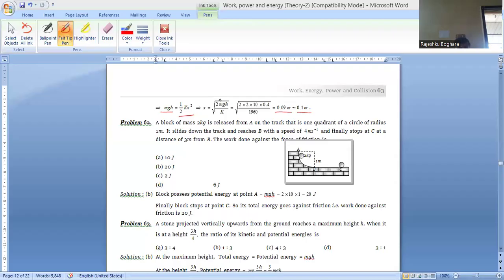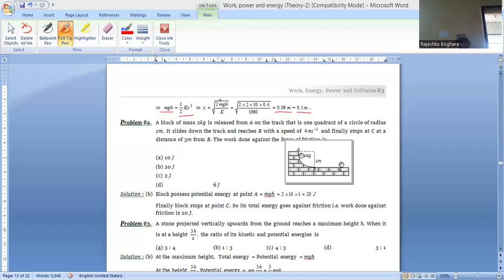At a constant speed of 72 kilometer per hour, V is given as 72 kilometer per hour. Now convert into meter per second: 5 by 18 meter per second. 18 into 4, 4 into 5, 20. So 20 meter per second.